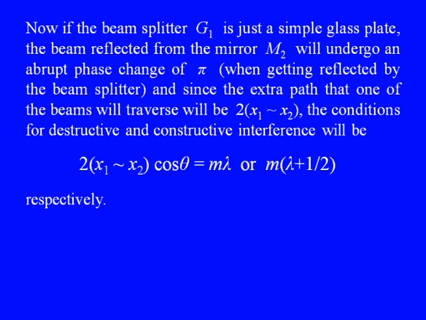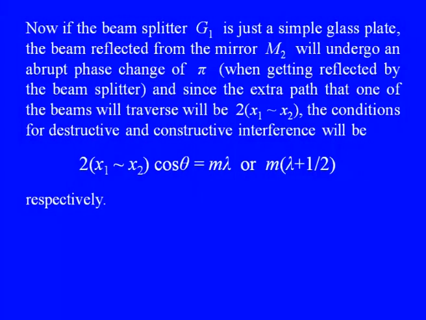Now, a practical point. If the beam splitter G1 is just a simple glass plate, the beam reflected from the mirror M2 will undergo an abrupt phase change of pi, as I pointed out earlier, when getting reflected by the beam splitter.